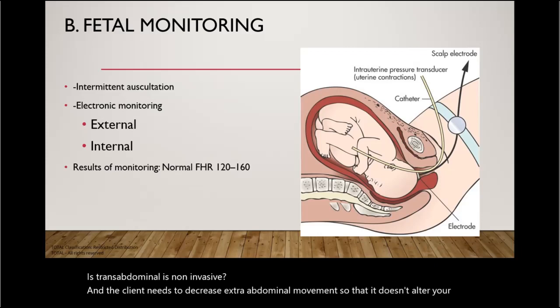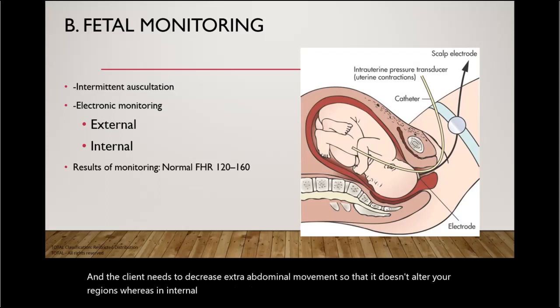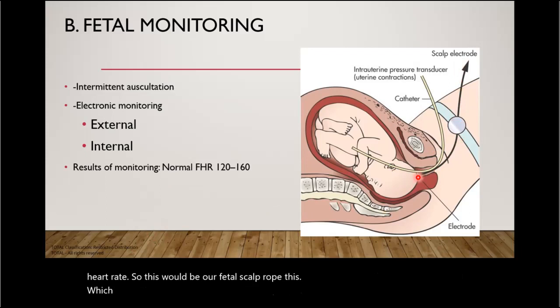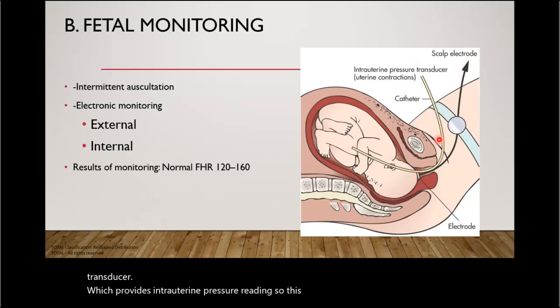Whereas in internal monitoring, you have a fetal scalp probe, which provides the fetal heart rate. So this would be our fetal scalp probe, which gives us information on the fetal heart rate. And then there's an internal transducer, which provides intrauterine pressure readings. So this will be our internal transducer.